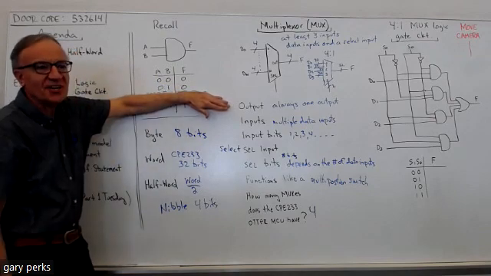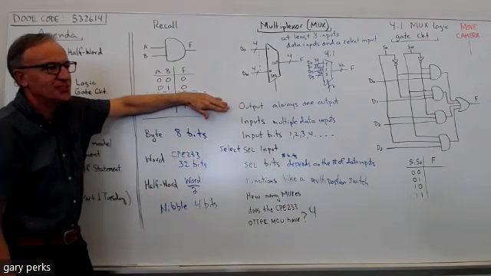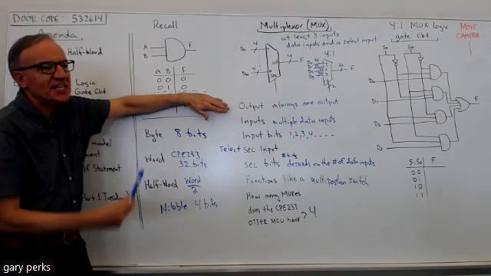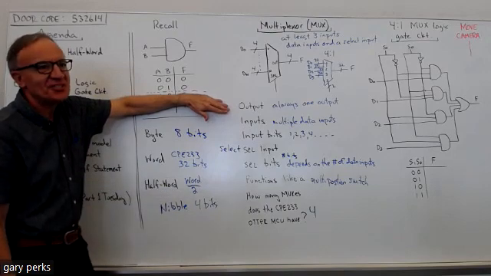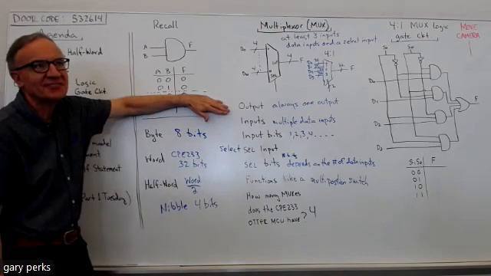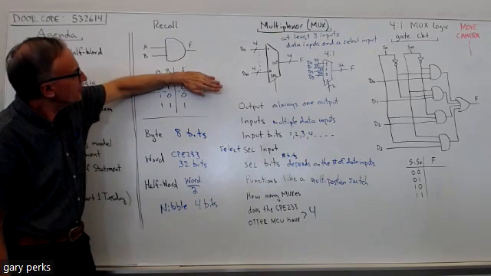Regardless, the output's going to be 0. So if I have an AND gate with 18 inputs instead of just 2, and just one of those 18 is a 0, I don't care what the other 17 are. The output's going to be a 0 anyway. It'd be a waste of time to figure out what those other 17 AND gate inputs are, because they're not going to matter.